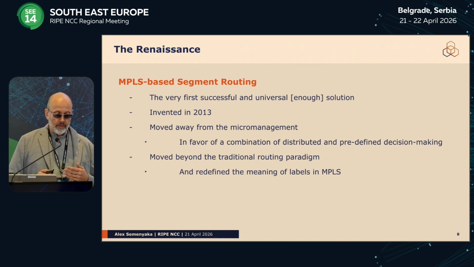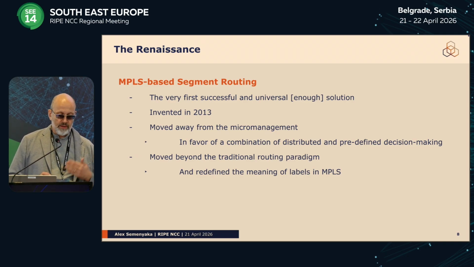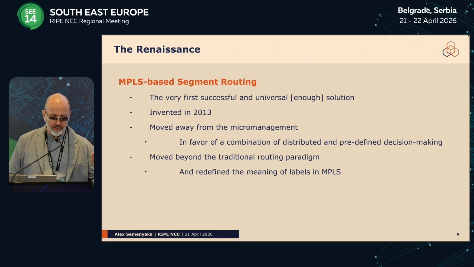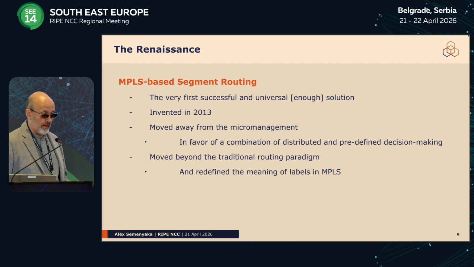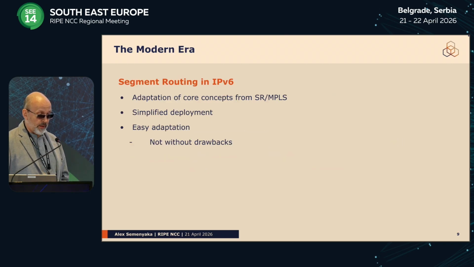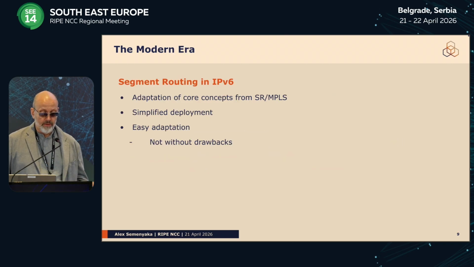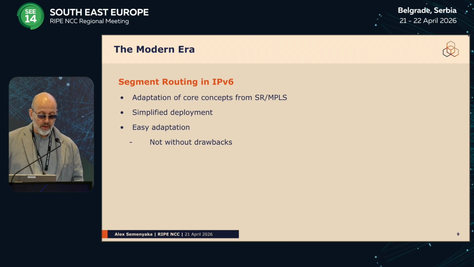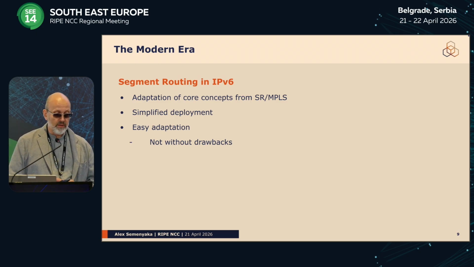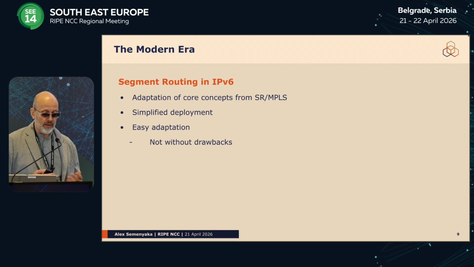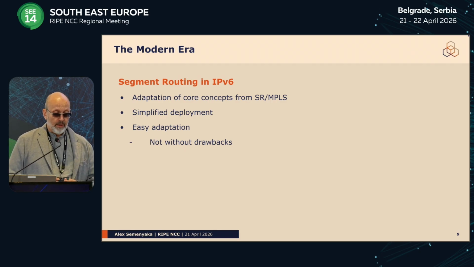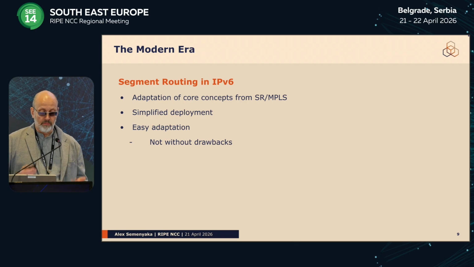What it needed, and what was done, is rethinking and redefining the meaning of labels in MPLS. And after that, the next natural step, which we have now, was switching from MPLS to IPv6. Because in IPv6 we have a lot of flexibility, a lot of internal structures which can help us to solve the problem, and it's much easier than working with MPLS.